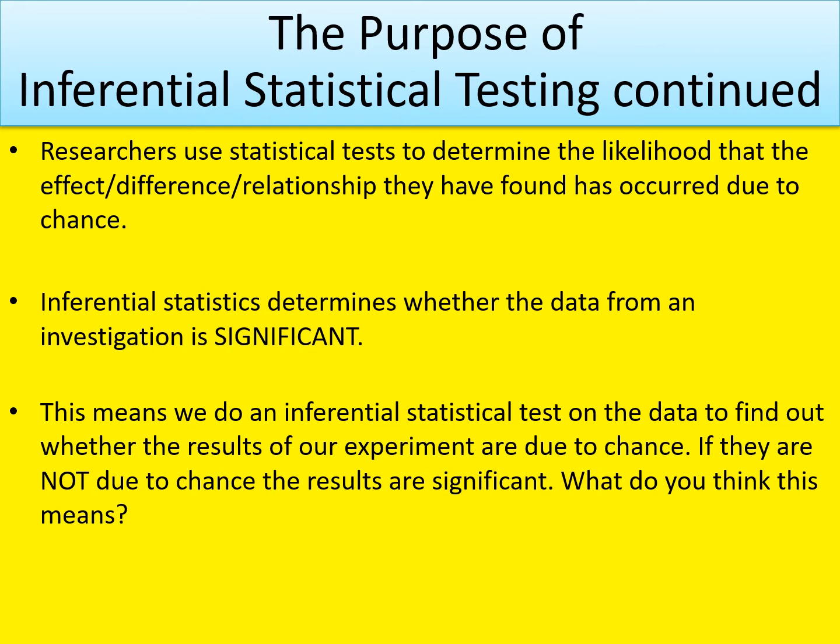Inferential statistics determines whether the data from an investigation is significant. This means we do an inferential statistical test on the data to find out whether the results of our experiment or any investigation are due to chance. If they are not due to chance, the results are significant. So hopefully by the end of this teaching video, you will be able to come back to this and be able to explain what that means.